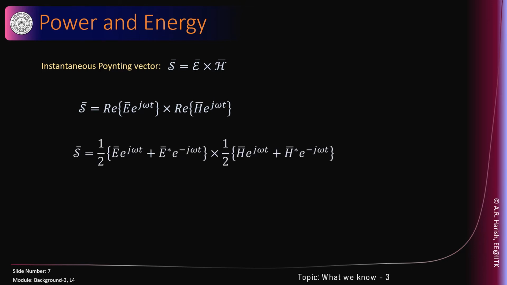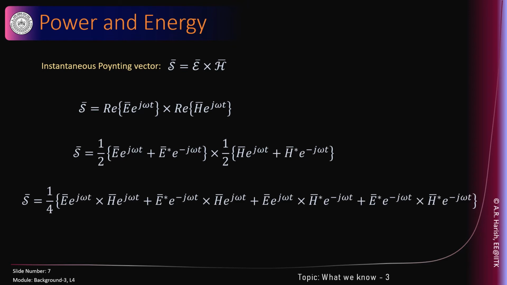So what we do is we express this real part in terms of a quantity plus complex conjugate of that quantity divided by 2. That's what A plus A star upon 2 gives me, the real part of A. Right. And we expand it now.